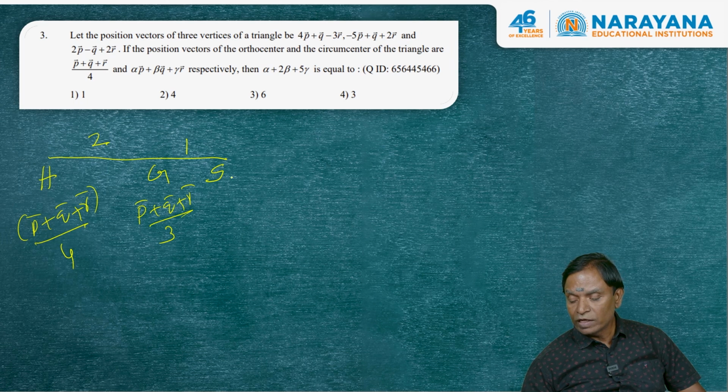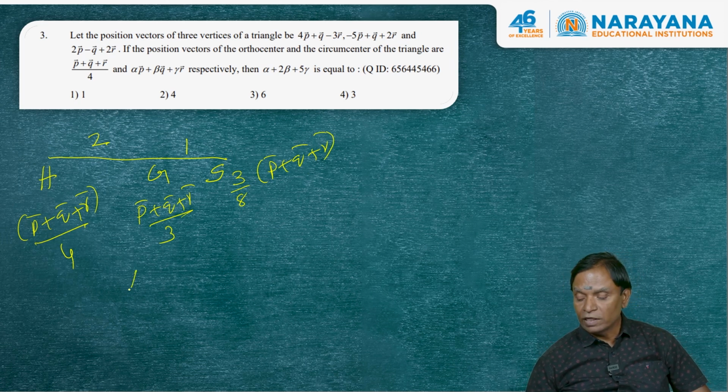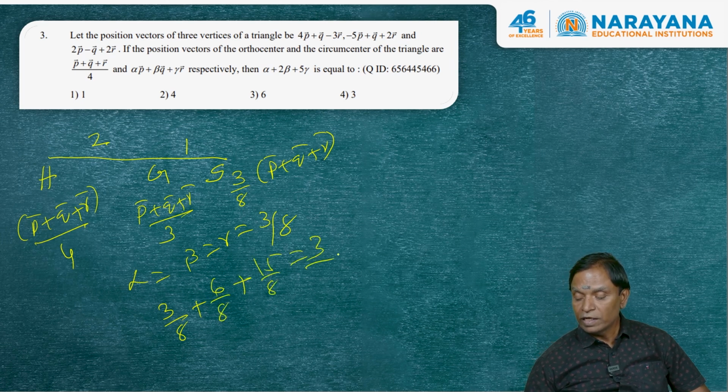The position vector of the circumcenter will be 3/8 times (P bar plus Q bar plus R bar). Now compare with the given circumcenter, you will have alpha is equal to beta is equal to gamma is equal to 3/8. So you are asked to calculate alpha plus 2 beta plus 5 gamma, which is nothing but 3.